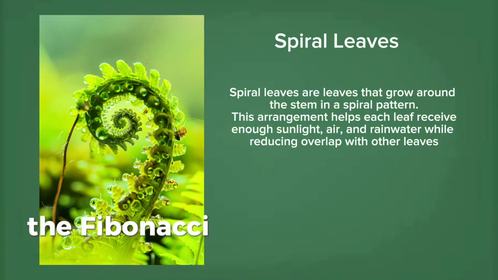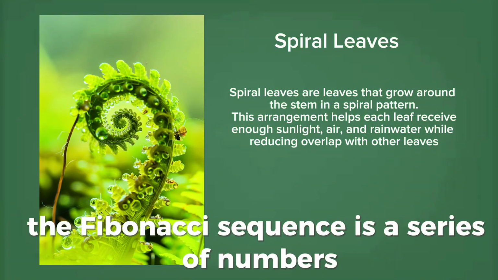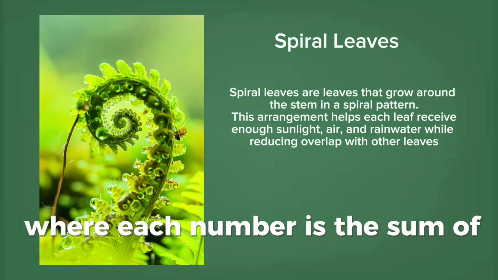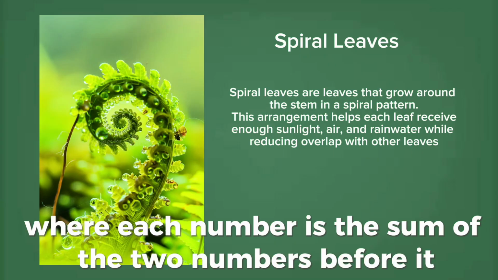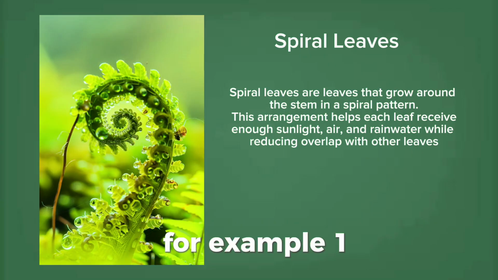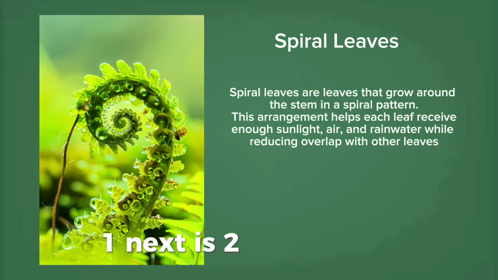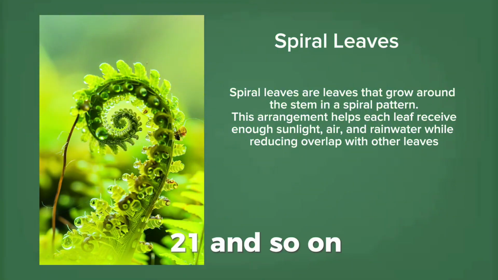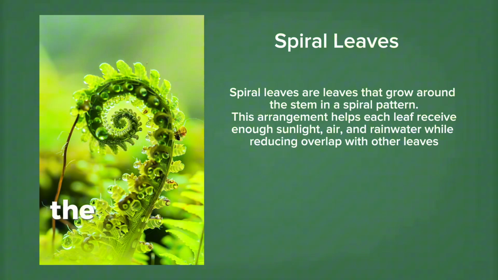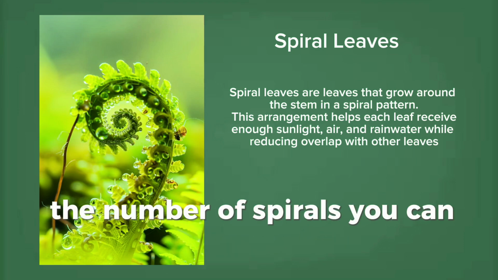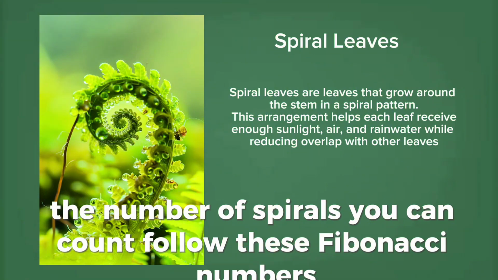The Fibonacci sequence is a series of numbers where each number is the sum of the two numbers before it. For example, 1, 1, next is 2, and 3, 5, 8, 13, 21, and so on. In many plants, the number of spirals you can count follow these Fibonacci numbers.